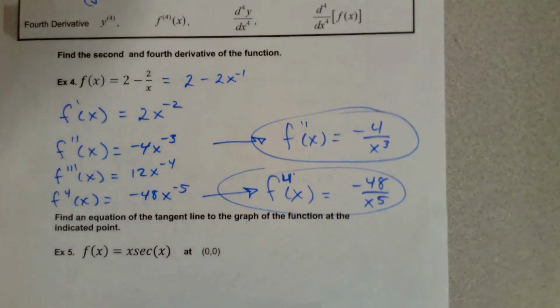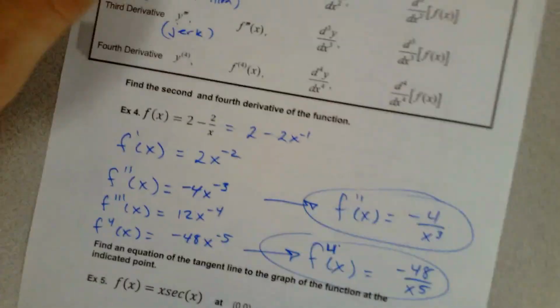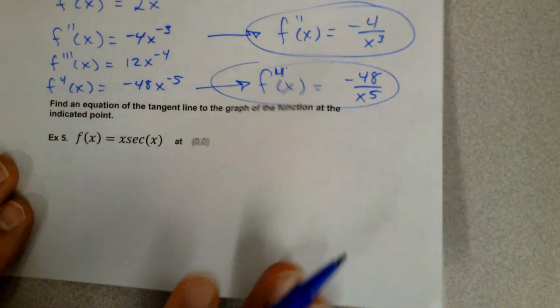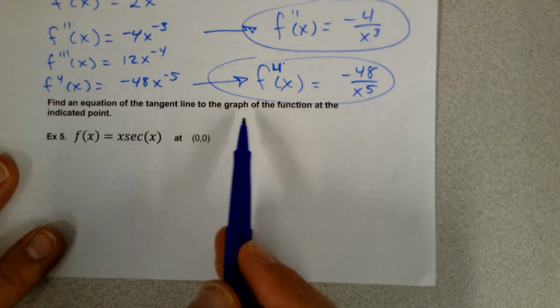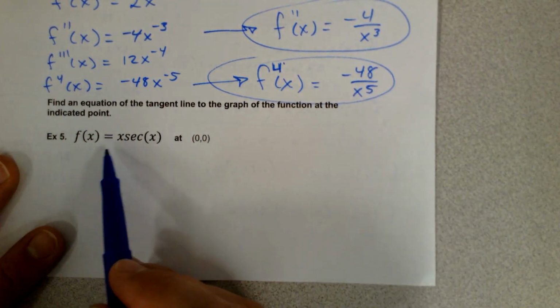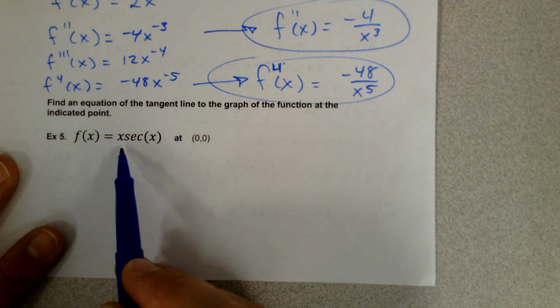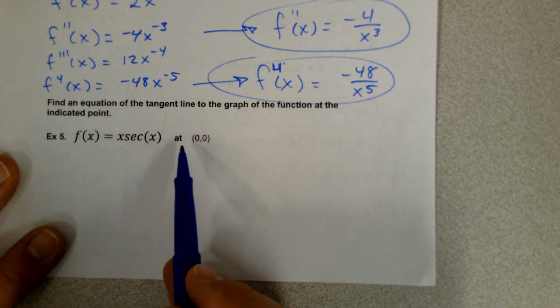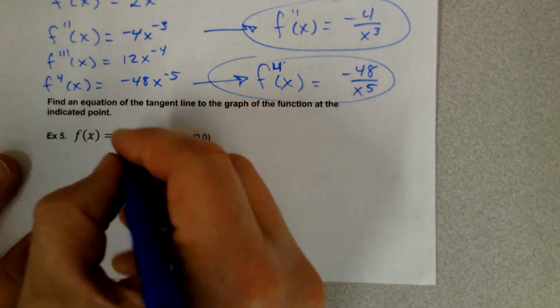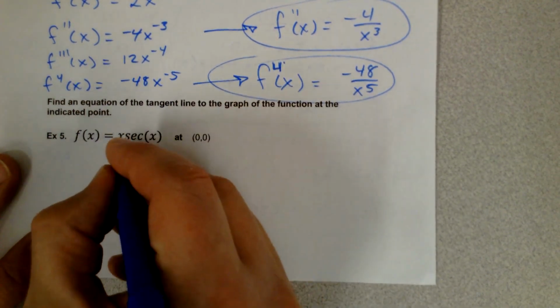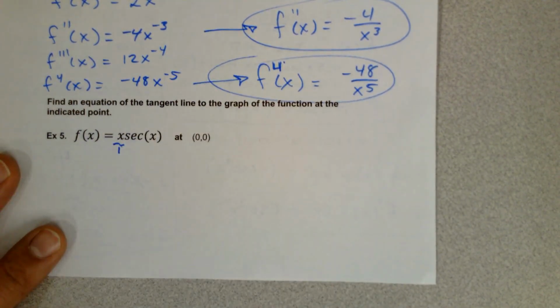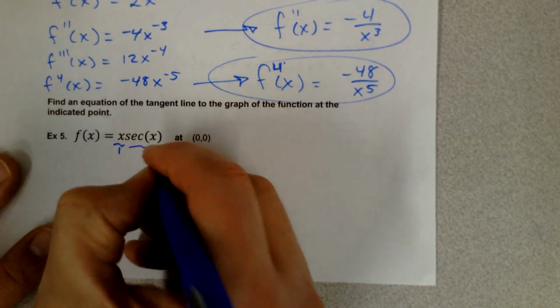All right, last but not least, we have example number 5. It says find the equation of the tangent line to the graph of the function at the indicated point. In this case, we're given f of x equals x secant of x at 0, 0. Now again, we've got an x value that has to be our first function, and then secant of x is our second function.